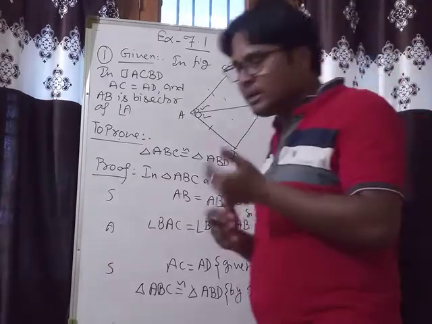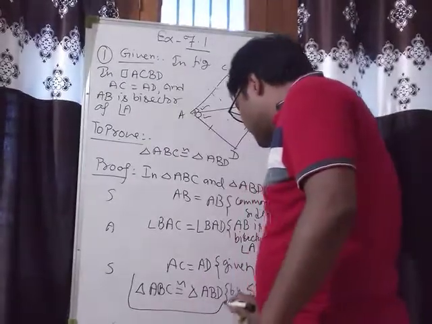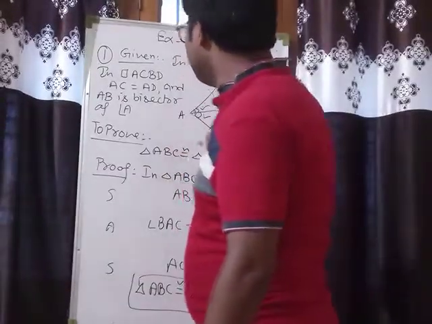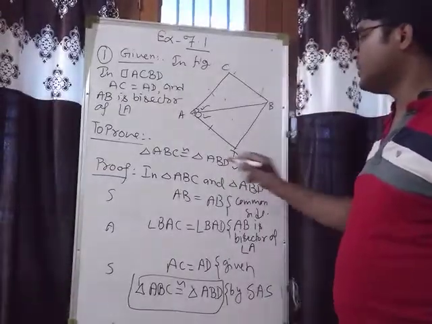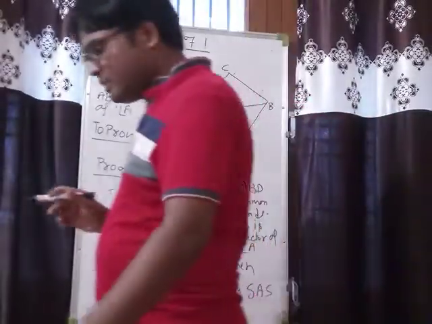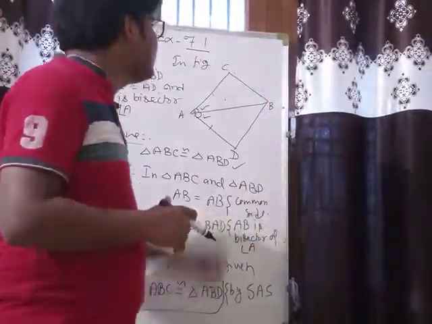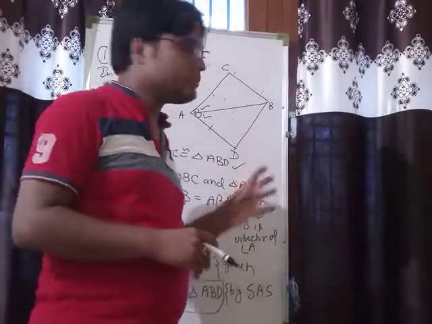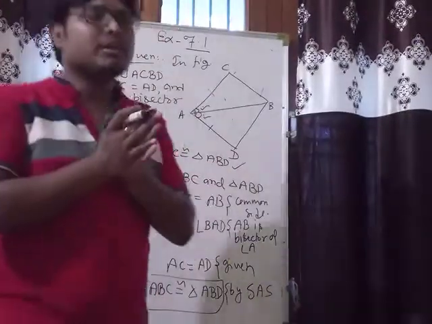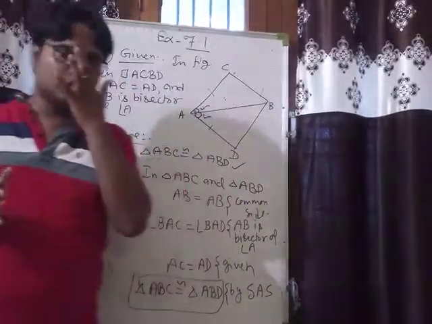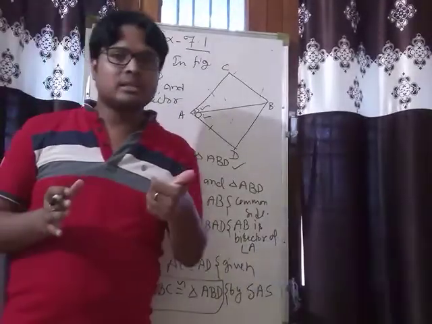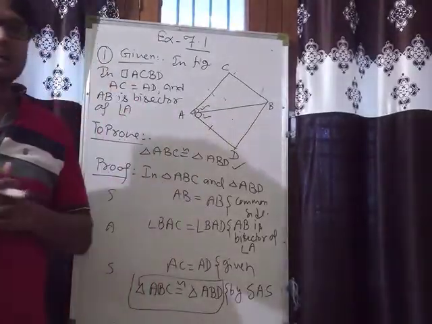And in the question it is also asked about BC and BD. We know that when two triangles are congruent, their corresponding sides and corresponding angles are equal.